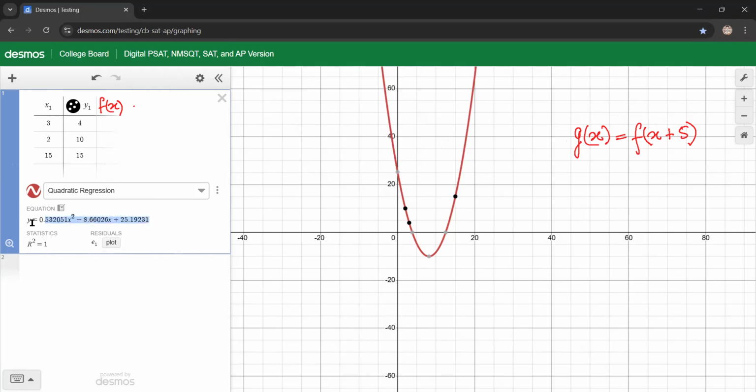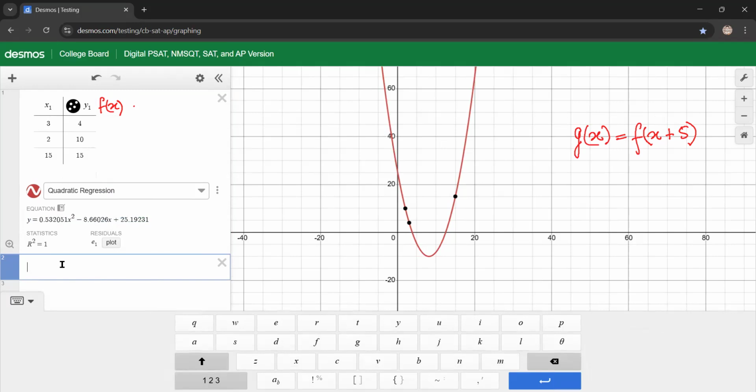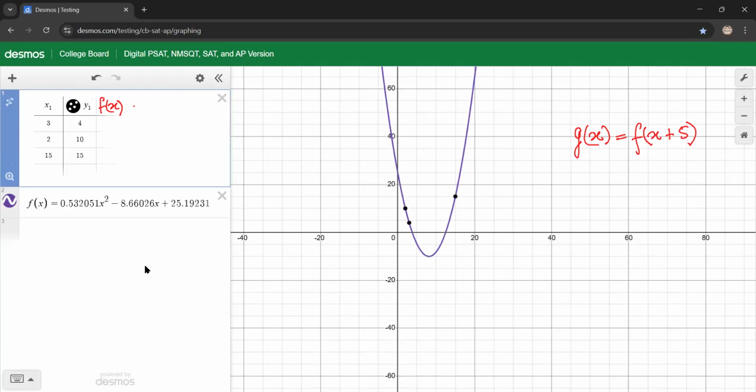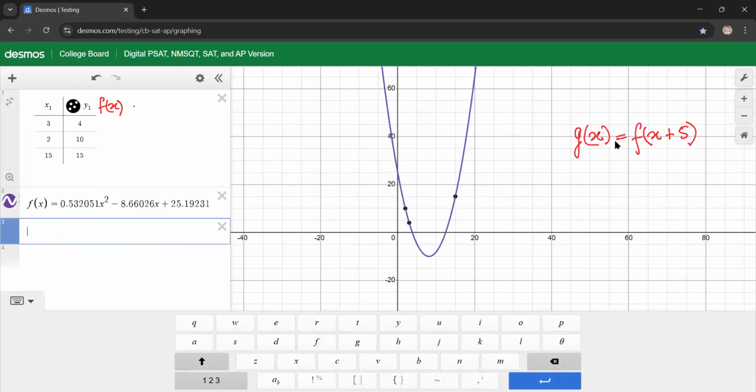So you take all of the equation and copy it. You can copy and paste in Desmos and paste it here. Okay, instead of f, write f of x. So you're telling your Desmos that, okay, this is my f of x. Now you don't need this anymore, so I am deleting it for now. Now what do I need? I need this g of x.